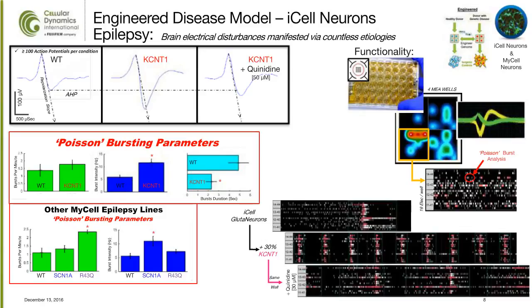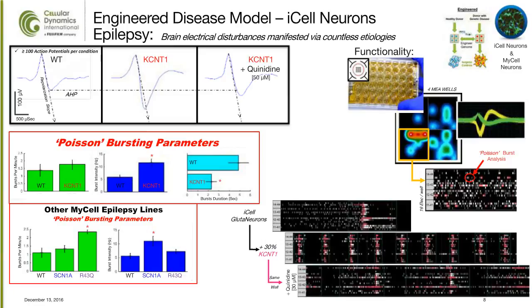Furthermore, if we use an anti-epileptic agent, in this case, the published treatment of this condition was quinidine, we can see that quinidine attenuates the repolarization and after hyperpolarization increases we've seen with these waveforms.